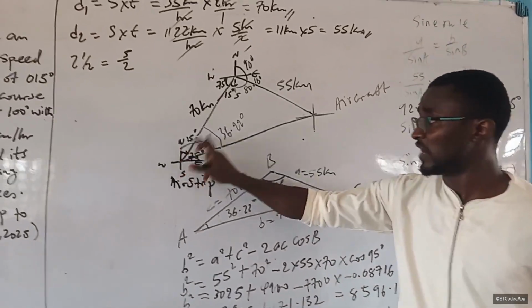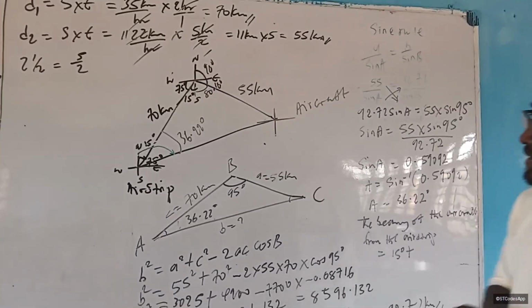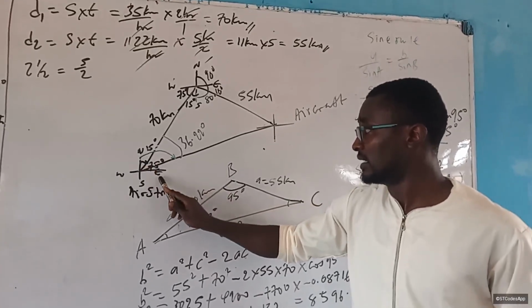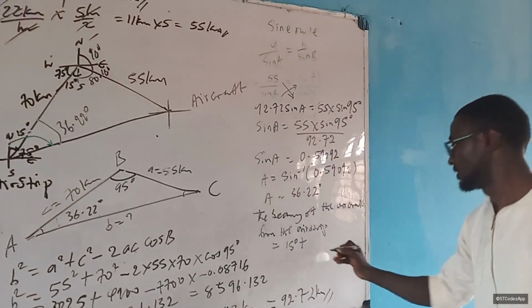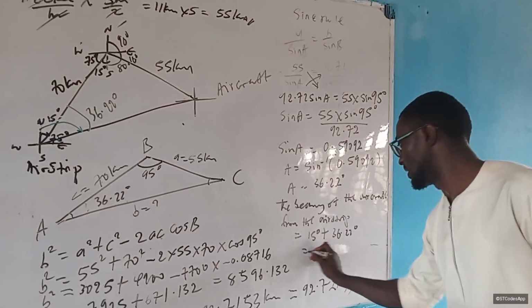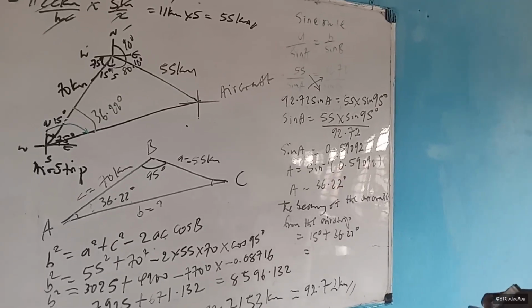From north to this very first line we have 15 degrees. Then the immediate angle between this north and east we have 36.22 degrees. So adding this together, we have 15 plus 36.22.